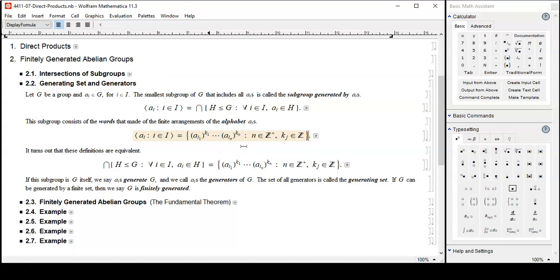Could be just 1, or 15, or 5,000 or whatever. As long as it is finite, it's okay. And the powers can be arbitrary integers.